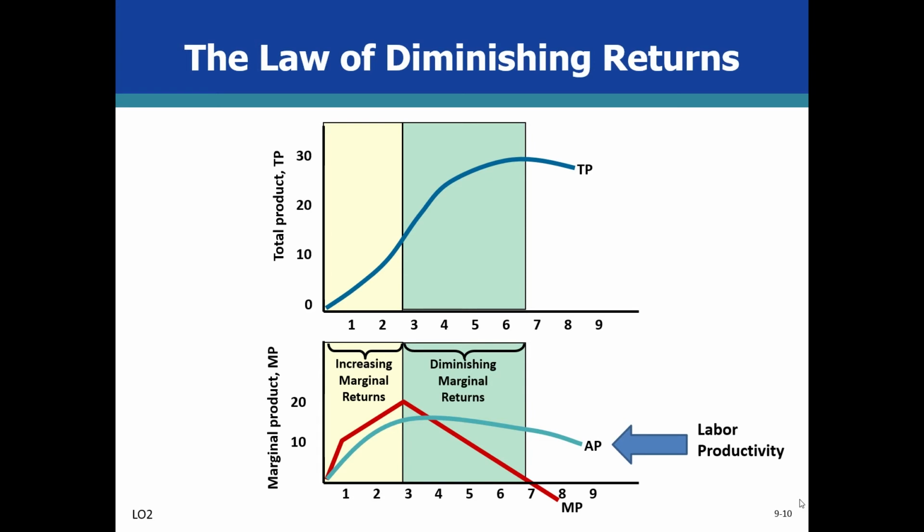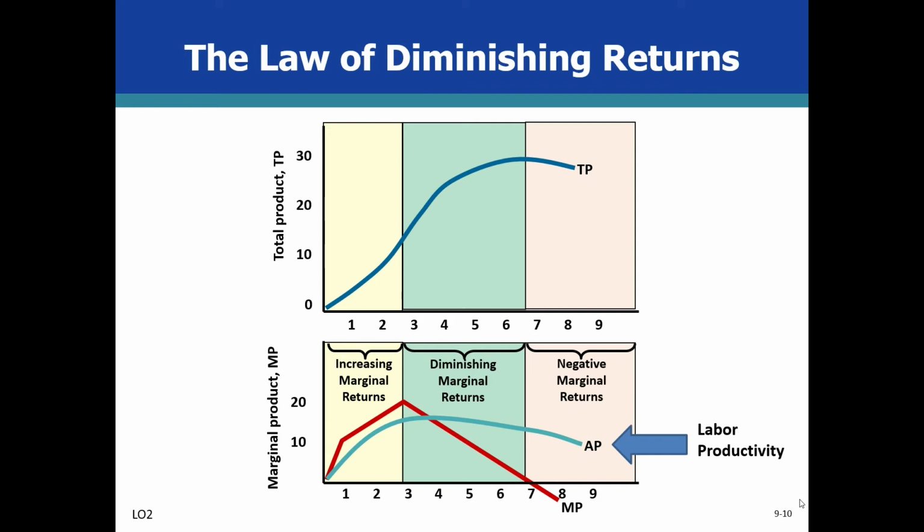As long as marginal product is increasing, average product goes up. Once marginal product starts to decline, meaning the increment of 1 unit of labor does not yield as much output as the previous increase in labor, the average product will begin to decline, and you will get diminishing marginal returns.